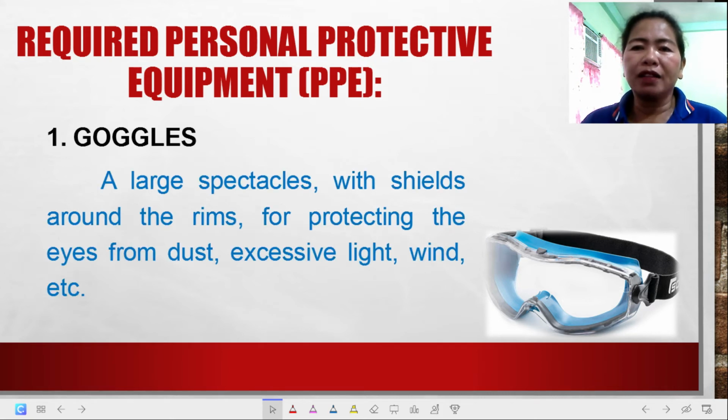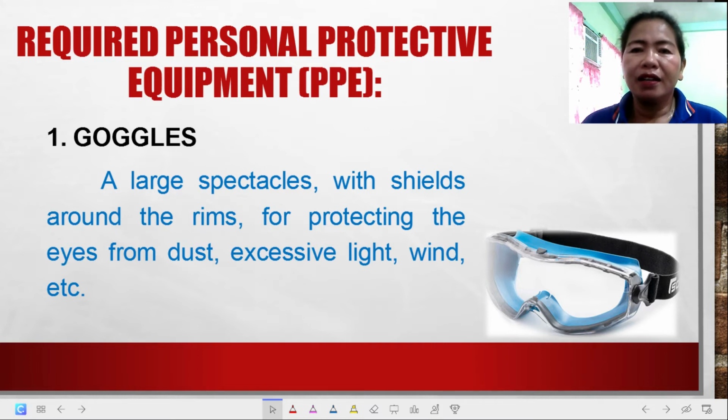Goggles are large spectacles with shells around the rims for protecting the eyes from dust, excessive light, wind, and others. So this is very common. Not only computer technicians are required to wear these goggles, but especially also welders. So just to protect the eyes from any dust.